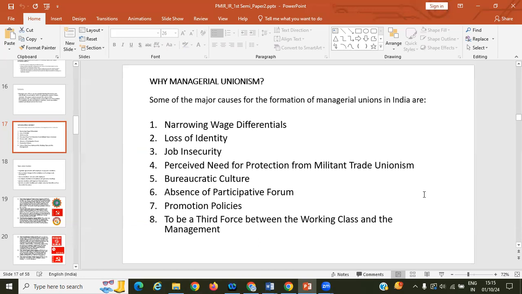If the union is there, they will work on security: job security, their retirement benefits, their insurance. There are a lot of things. So it gives job security and social security. The union is fighting for many things on that.